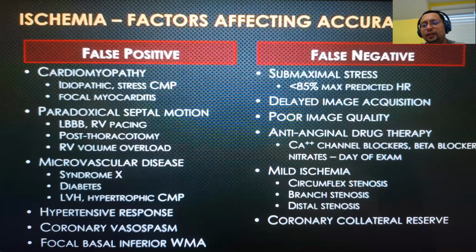Let's say you interpret a dobutamine stress echo as positive, and the interventionist does a coronary angiogram and says, how come you say there is ischemia, but there is no blockage? Doesn't matter, because the prognosis is poor either way. Even if the coronary artery does not show any blockage, a positive stress echo confers a bad prognosis.